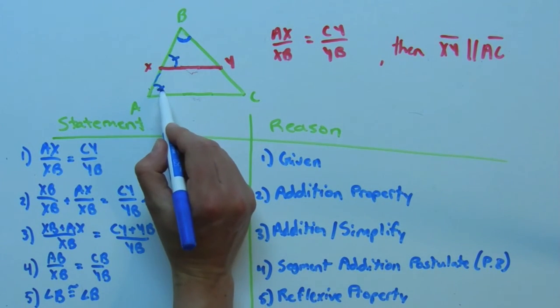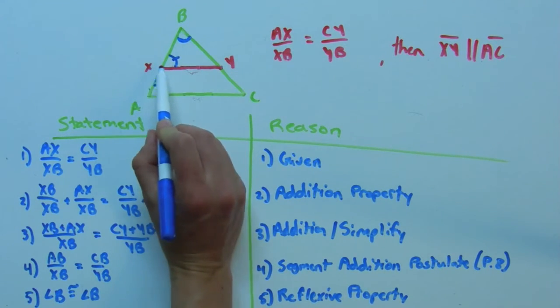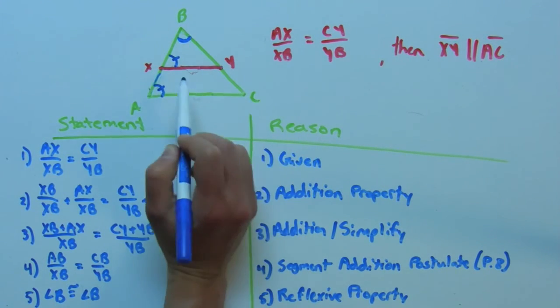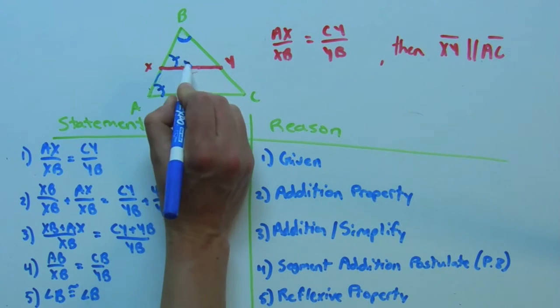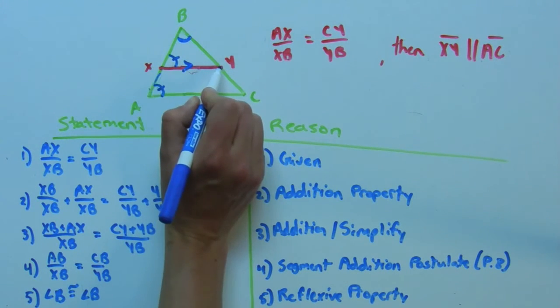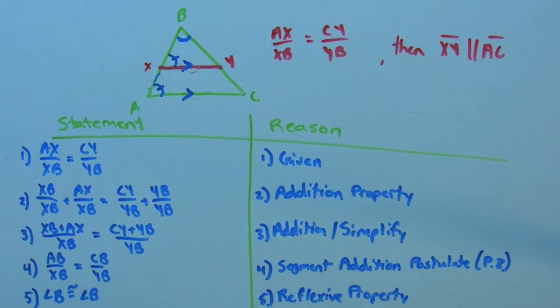And we can see that AB is a transversal of XY and AC, and the corresponding angles are congruent. So we're going to be able to use the converse of the corresponding angles postulate, which was P13, to say that segment XY is parallel to segment AC.